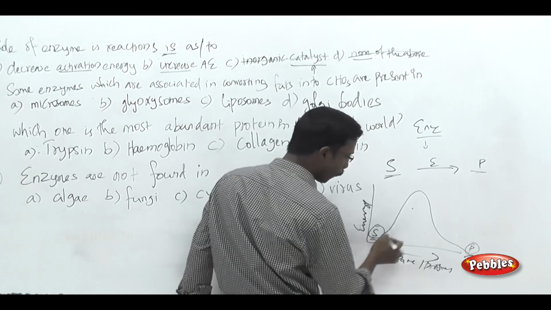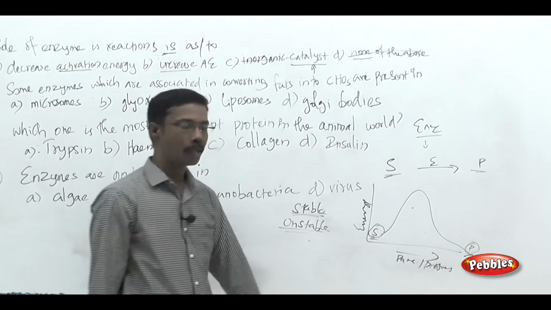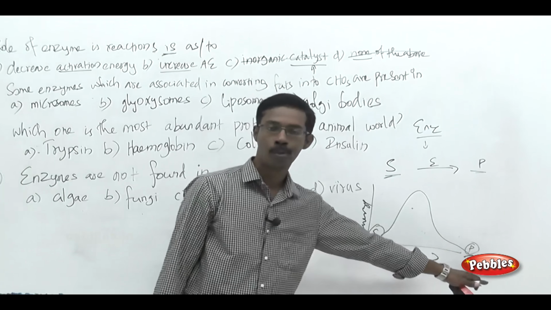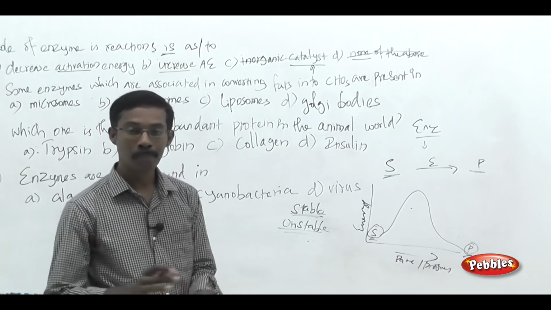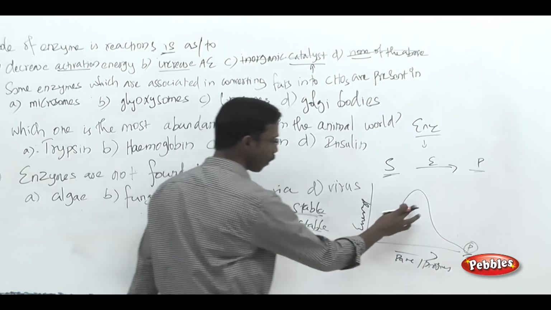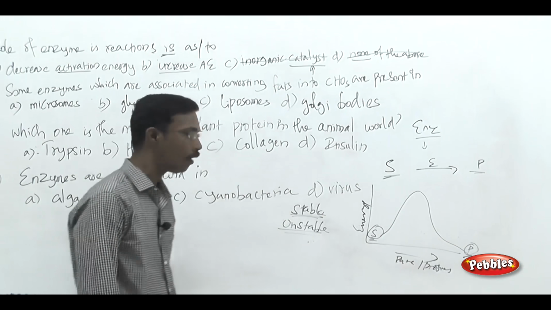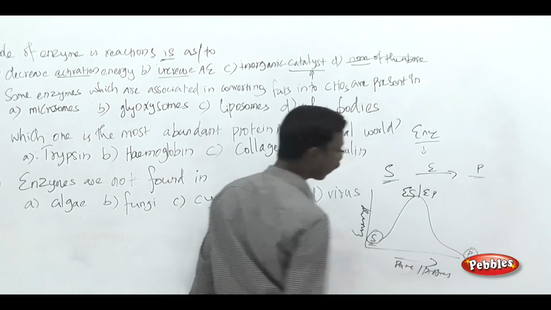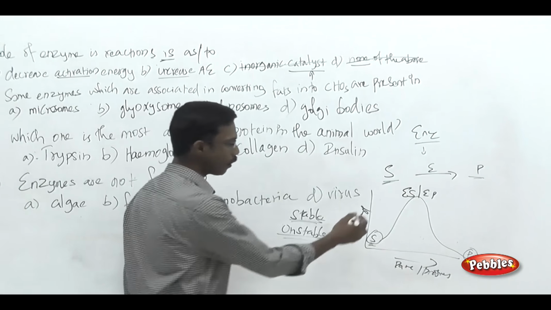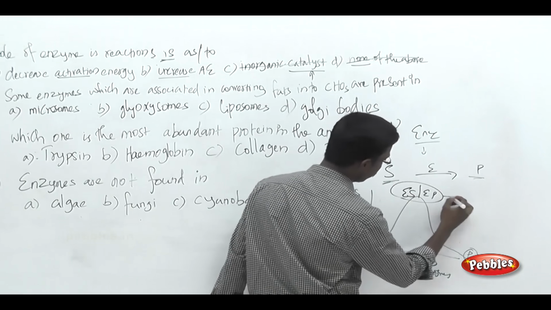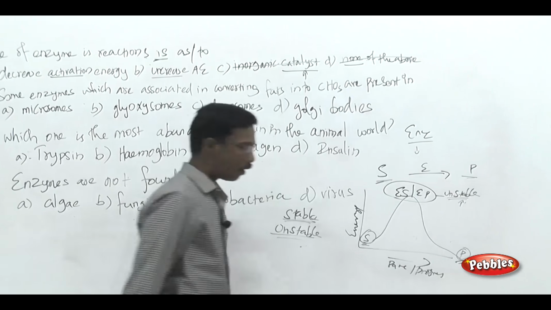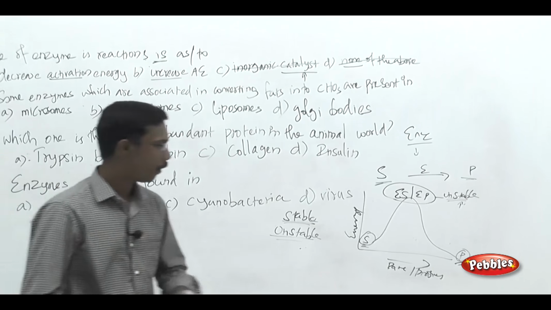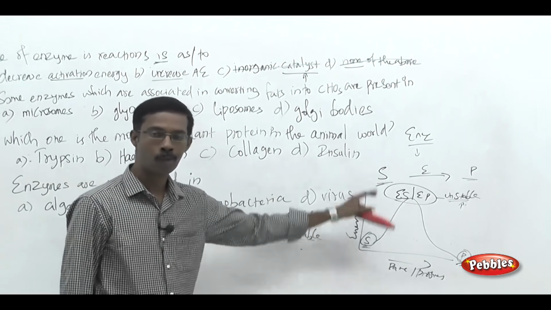But during the biotransformation from the substrate to the product, it will form an unstable form, that is called the enzyme substrate complex or the enzyme product complex. Both the complexes are unstable. So how will the process happen, what are the steps involved?